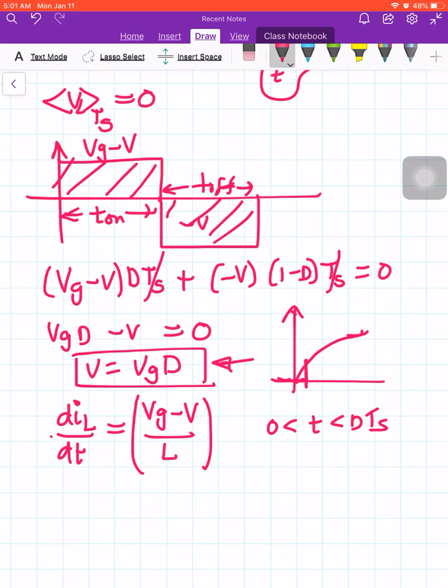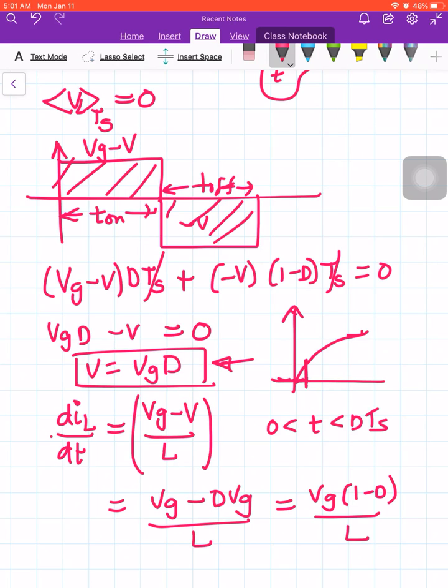So if we try to write down this, then we can replace V with D into Vg, right, by L, that is equal to Vg into 1 minus D by L. We have replaced the capital voltage V with this equation.